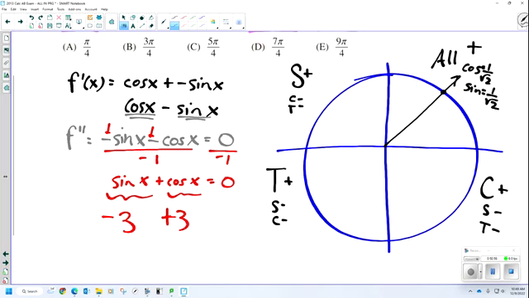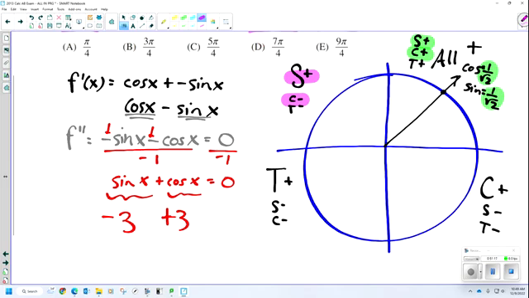So in the first quadrant, all 3 are positive. Let's look where they're different. Here we already know this isn't going to work. They're both the same sign. But in this quadrant, sine is positive and cosine is negative, so that can work.